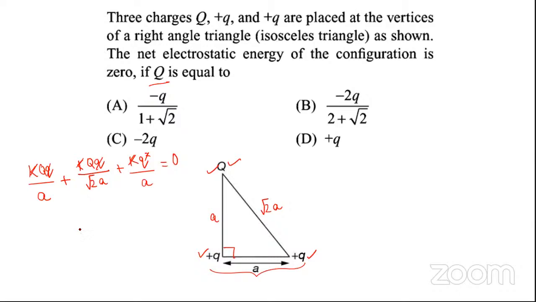we can calculate the following equation. The A will also get cancelled out, and we will have a relation in capital Q and the small q. That will be root 2Q plus q is root 2 small q.